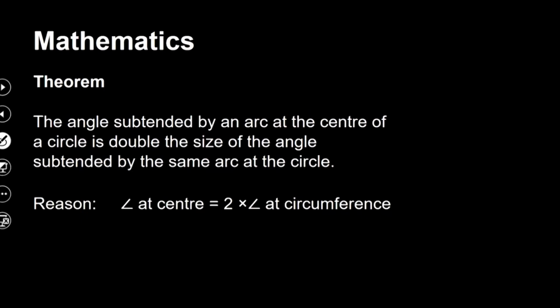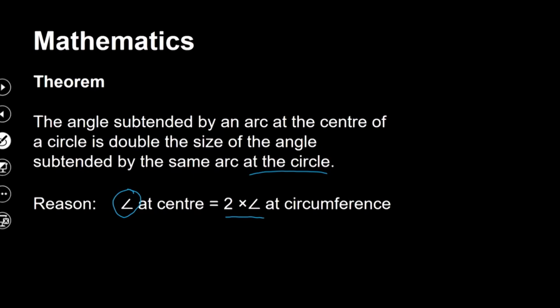So the theorem is: the angle subtended by an arc at the center of a circle is normally double the size of the angle subtended by the very same arc, but at the circumference. And remember, as mathematicians, we have short ways of writing these things. Angle at center equals 2 times angle at the circumference, if you were to use this theorem.